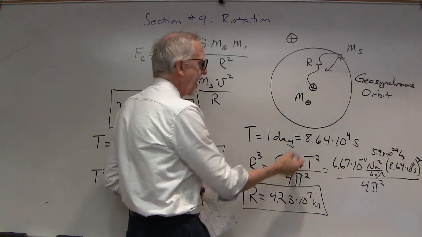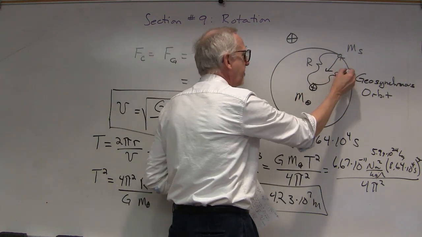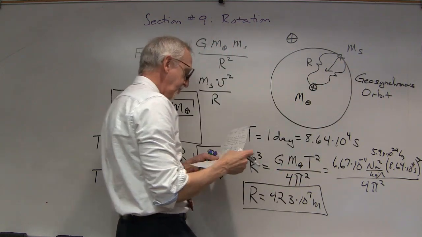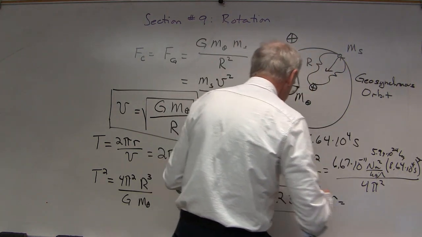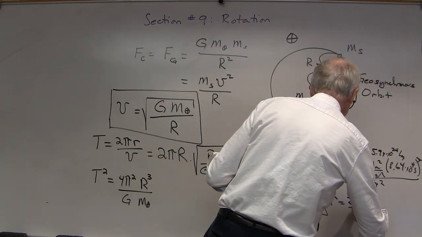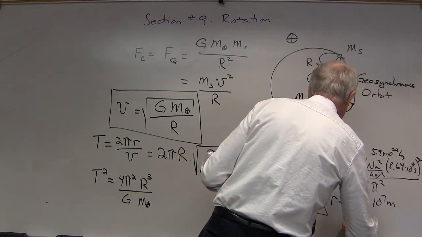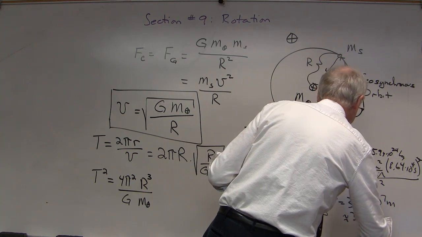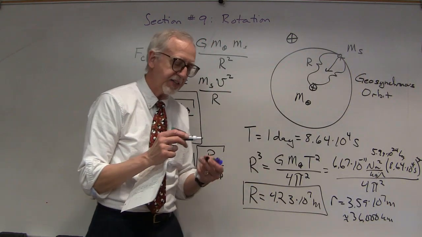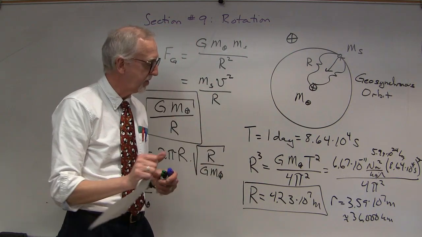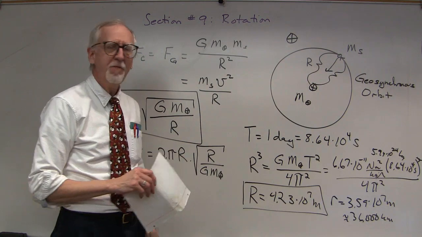If we subtract off the radius of the Earth, we would find the distance from the surface of the Earth to the satellite, and that turns out to be 3.59 times 10 to the 7th meters, or about 36,000 kilometers. So if we have a satellite about 36,000 kilometers above the surface of the Earth, we end up with this geosynchronous orbit. Okay, very, very good.